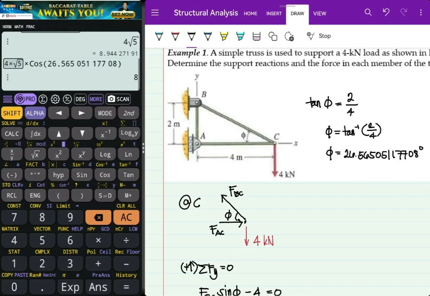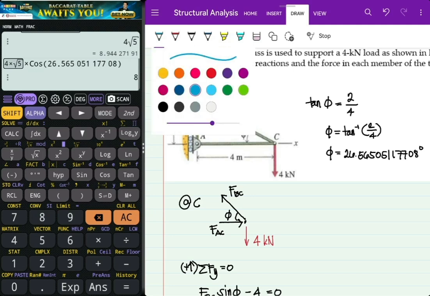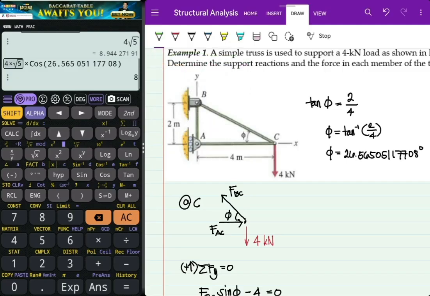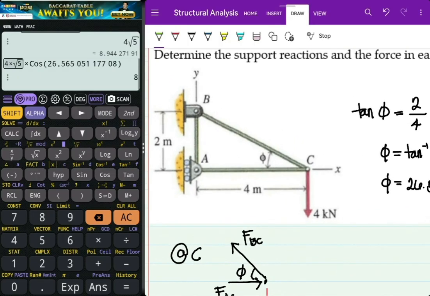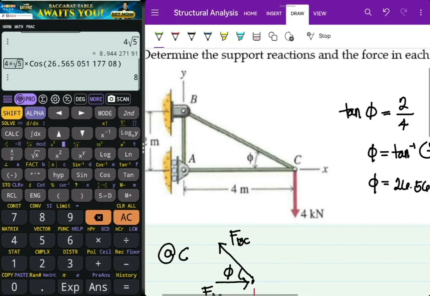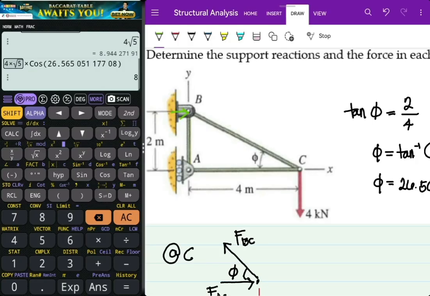Using the equilibrium of a rigid body analysis, take note that for our B here, this is a hinge, meaning it can resist vertical and horizontal forces.